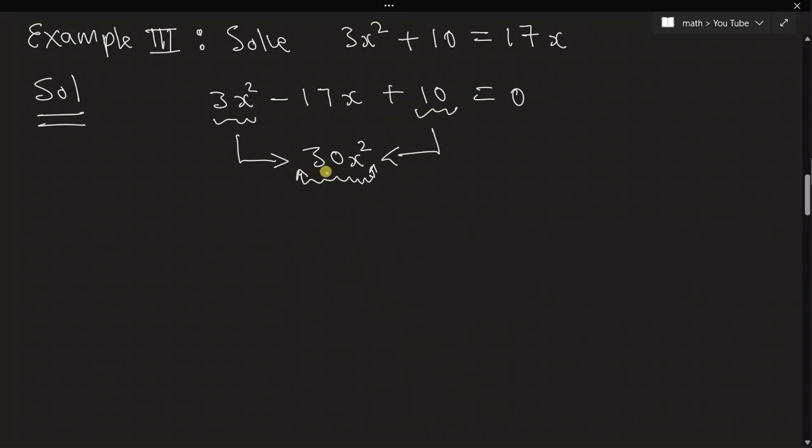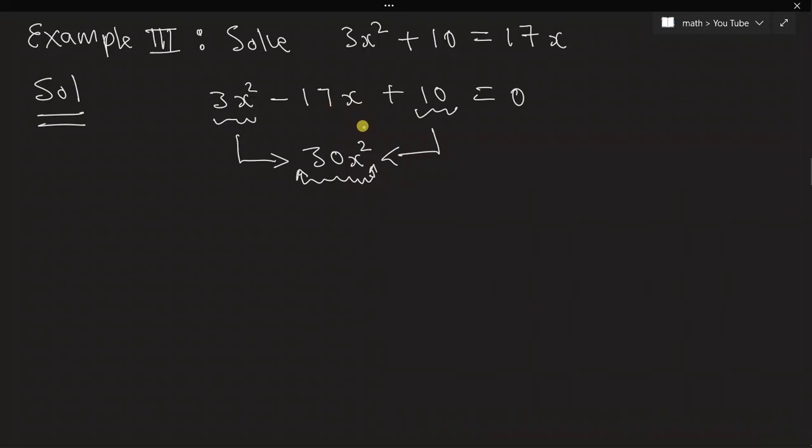What we do now is we look for two numbers, or two factors of this number, which are such that when we add them together, they produce the middle term of our equation. So we should look for two numbers which, when you multiply them together, you get 30x squared, but when you add them, you get negative 17x.